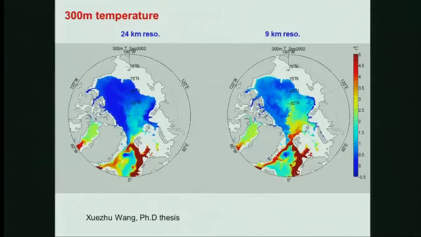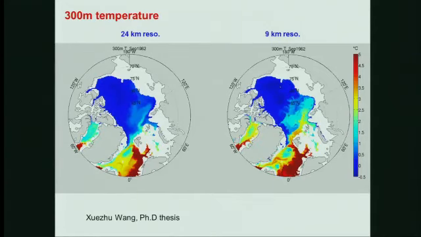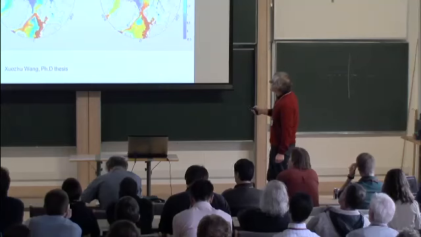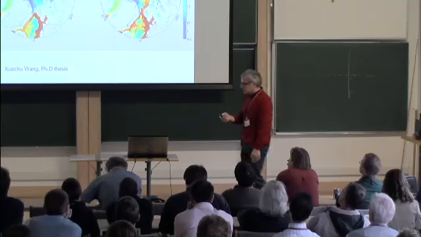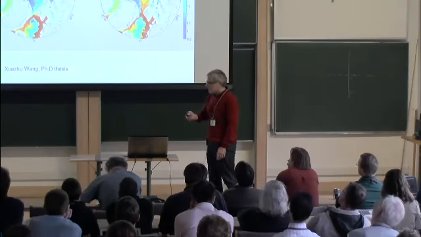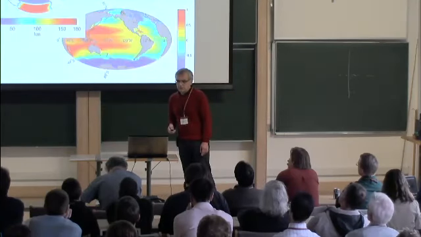But that's a problem we are working on, and it involves a lot of features, and in particular to a strong extent the dynamics in this region and the dynamics of water masses that go through the Barents Sea. So the resolution will again be necessary to learn what is going on.